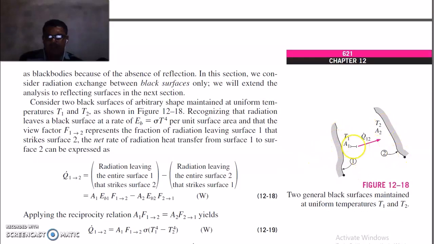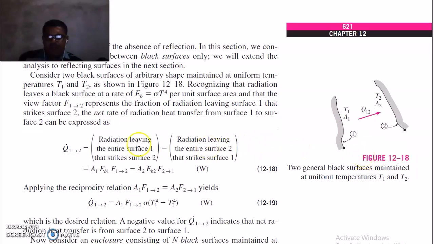This is one surface, and this is the second surface, with areas A1 and A2. Now heat is transferred from surface 1 to 2. That is the radiation leaving the entire surface 1 that strikes surface 2, minus the radiation leaving the entire surface 2 that strikes surface 1. So Q12 is equal to A1 E_b1 F12, where E_b is the radiation leaving a black body per unit surface area and F12 is the view factor from 1 to 2, minus, for this surface, A2 E_b2 F21.